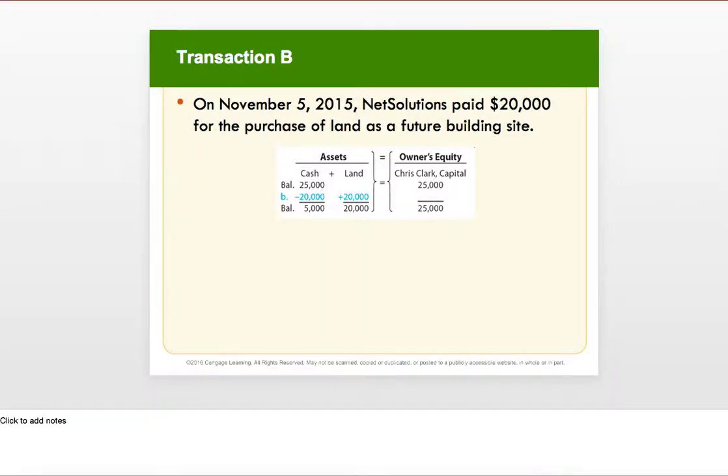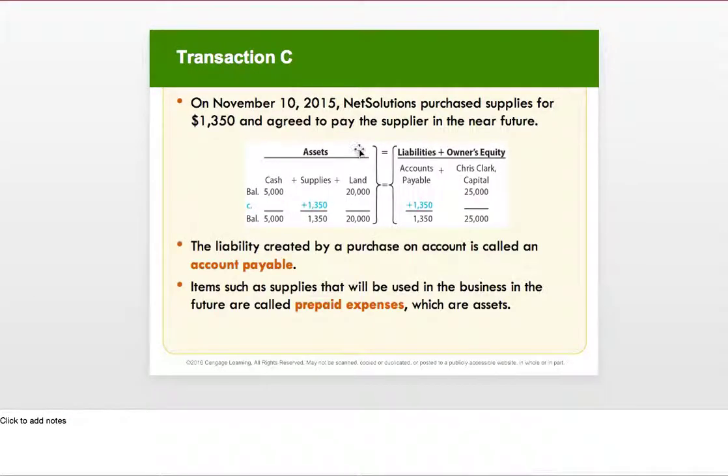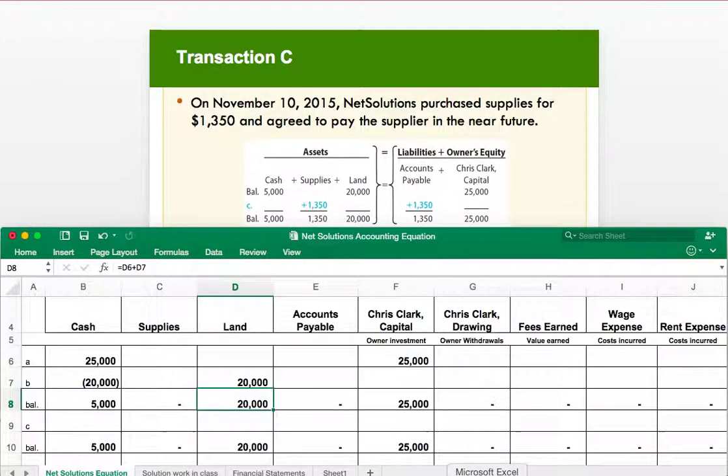Then we're going to look at transaction C. It says Net Solution purchased supplies for $13.50 and agreed to pay the supplier in the near future. It says the liability created by a purchase on account is called accounts payable. So we just bought supplies for $13.50, but you notice this sentence doesn't say that you paid cash.